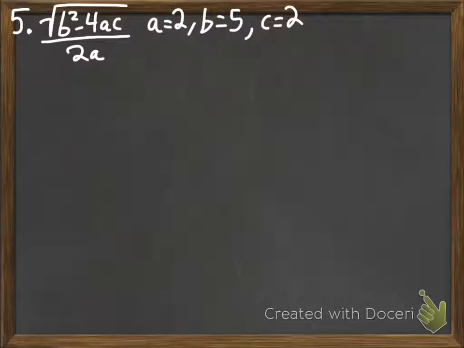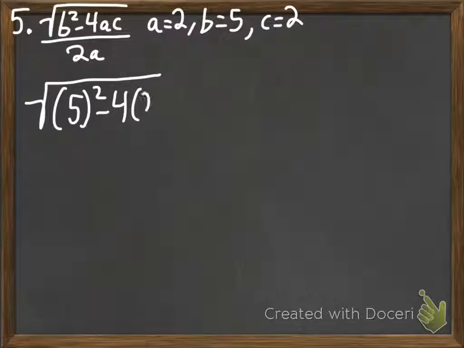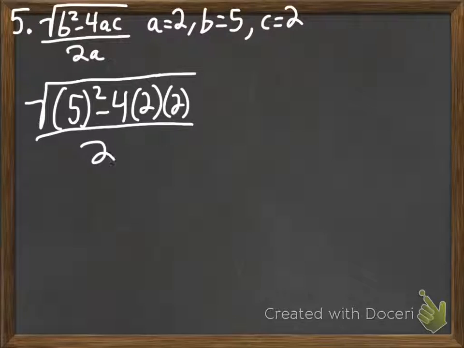So let's plug in. So we have the square root of 5 squared minus 4 times 2 times 2, all divided by 2 times 2.